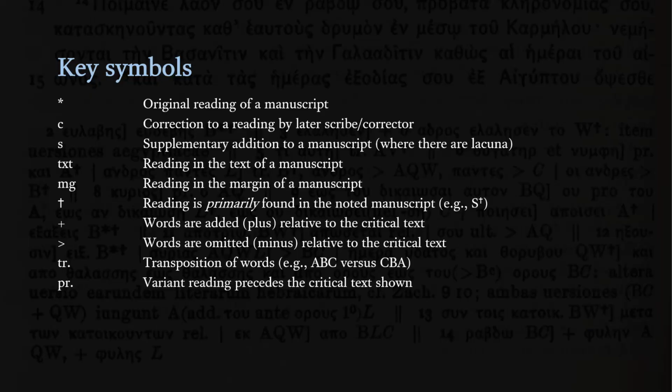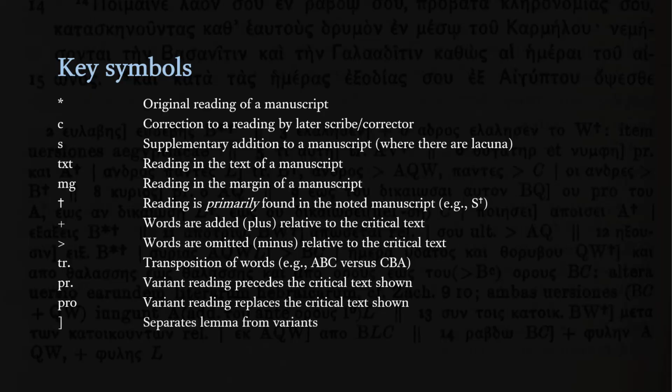It shows up prior to whatever the lemma is that they have shown you in the apparatus. So that is an important thing to know because it's used quite a bit. And then PRO, which is a Latin term, means that the variant reading is standing in place of whatever the critical text is or the lemma. So it's a sort of substitution, if you will.